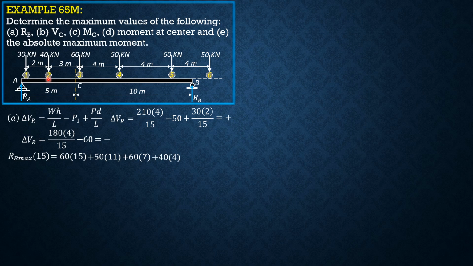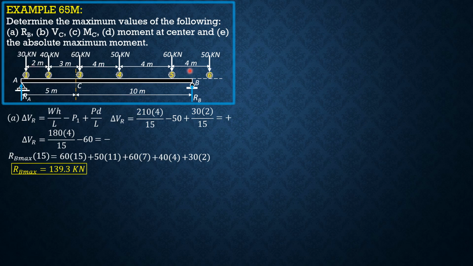Then 4 minus 2 is 2, so plus 30 times 2. So RB max is equal to 139.3 kilonewtons.